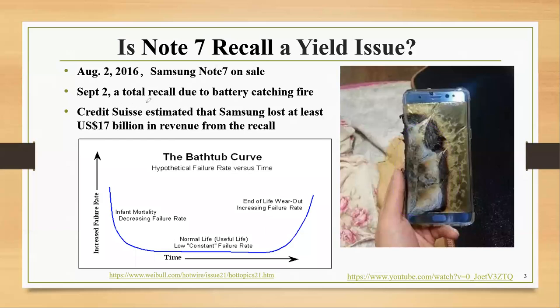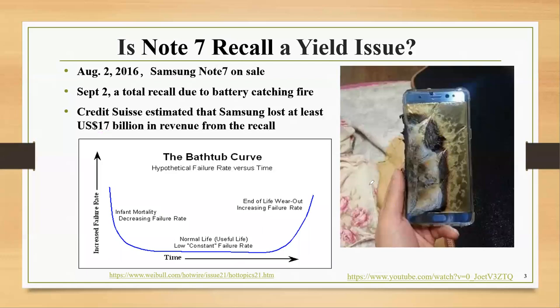Samsung eventually did a recall about 1 month later, and this is a huge loss. They have to give a refund for every cell phone sold. On top of that, they already lost their other costs. So Credit Suisse estimated Samsung lost around $17 billion in revenue from this recall.